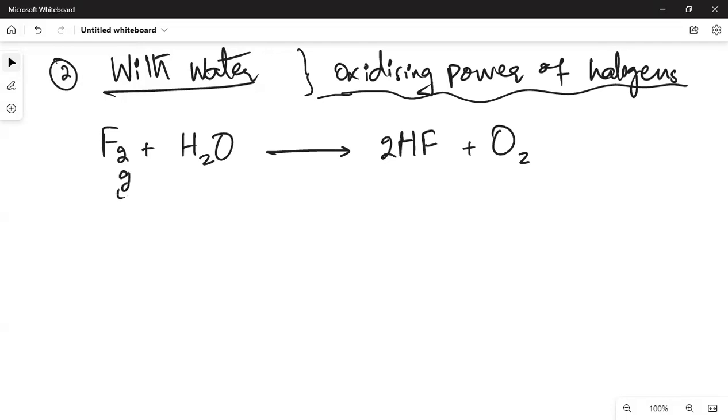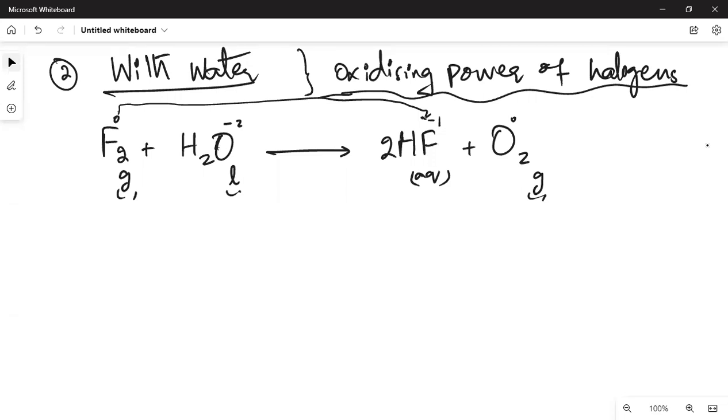If we look at the oxidation states here, fluorine goes from 0 to -1 completely, and oxygen goes from -2 to 0. So fluorine has been reduced, gain of electron, and oxygen has been oxidized. So fluorine can oxidize oxygen completely and make these products.